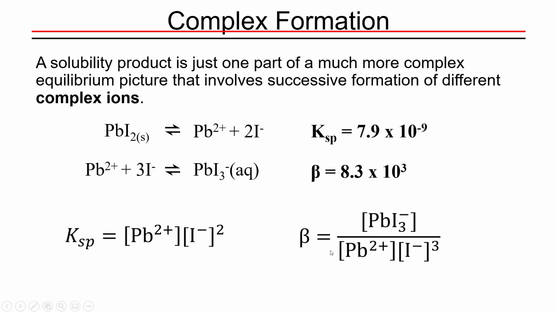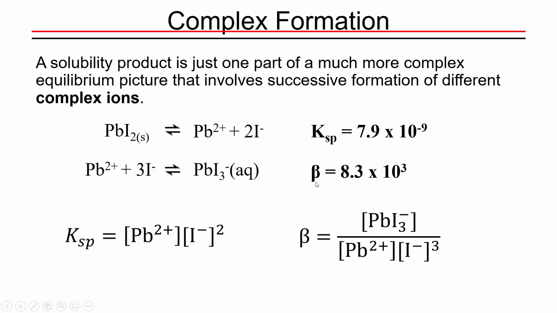And we could write a typical equilibrium constant expression for this, products on the top, reactants on the bottom, and it would be the concentration of PbI3 minus divided by the concentration of Pb2 plus times the concentration of iodide cubed gives us the equilibrium constant for this reaction. And under these conditions, rather than referring to this as a KF just by convention, we refer to a formation constant for an ion written this way as a beta value rather than a K sub F.